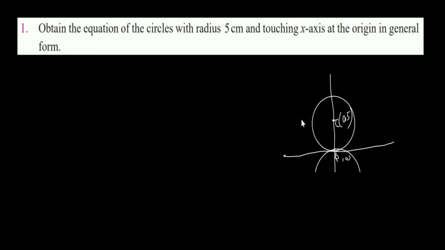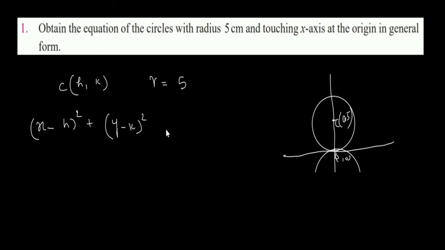So what is the equation of the circle now? The center is (h, k) and the radius is 5. What is the equation of the circle? (x minus h) the whole square plus (y minus k) the whole square is equal to R square.